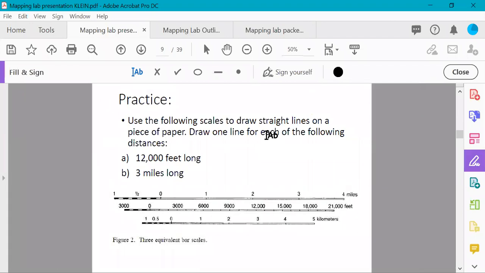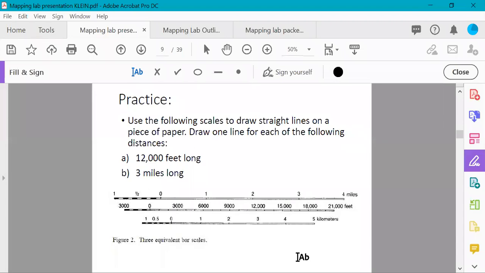So what I want you to do now is practice. Use the following scales to draw straight lines on a piece of paper. Draw 1 line for each of the following distances. However you're looking at the presentation right now, whether it's on your computer or a tablet or a phone, take a piece of paper and draw a line that's 12,000 feet long and then 3 miles long, according to the scales on this map.